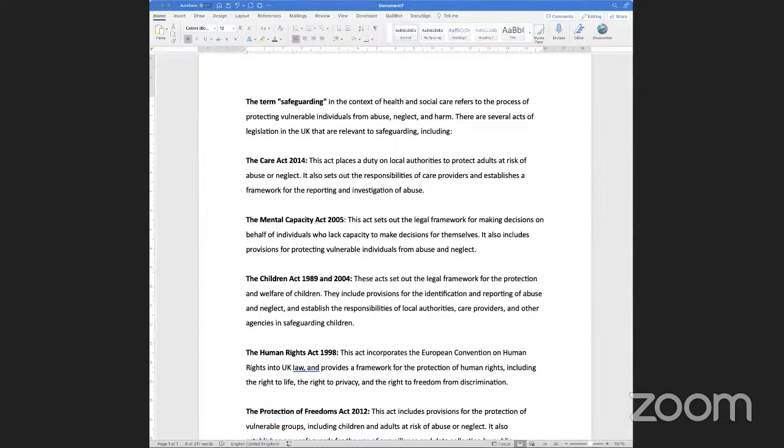Now, what we also want to understand is that when we look at some of these acts, we are also looking at how some of the other acts work in conjunction with the Health and Safety Act and the Safeguarding Act in general, because they may require closer coordination and working with other departments to be able to ensure that people are not put into harm's way or vulnerable people are protected.